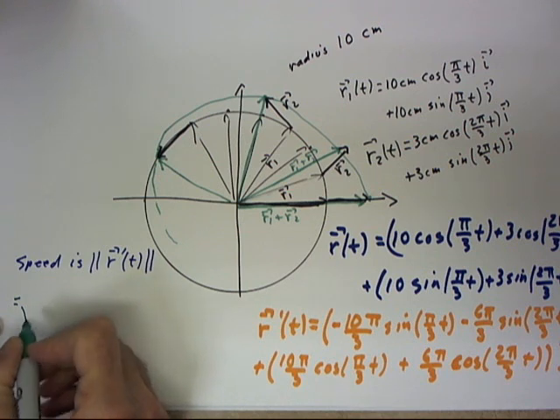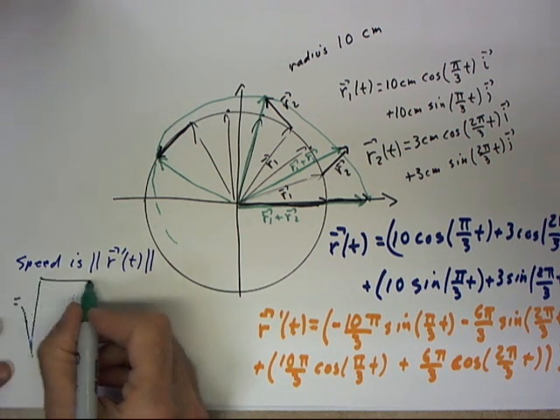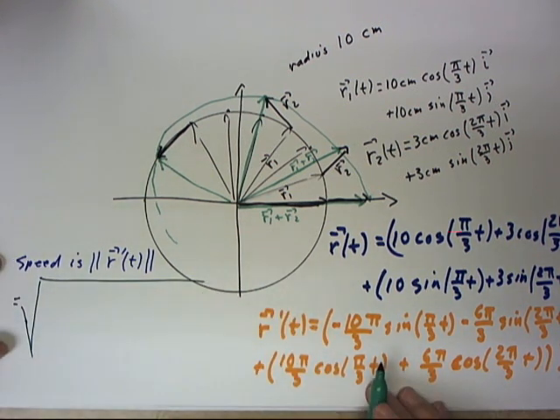Okay, so the speed is what? Let's get a big square root sign because we're not going to be able to write this all at once.